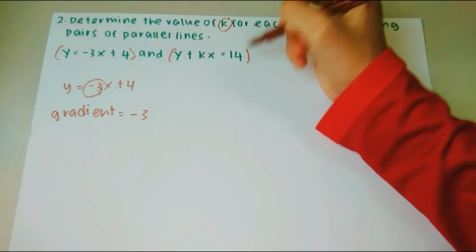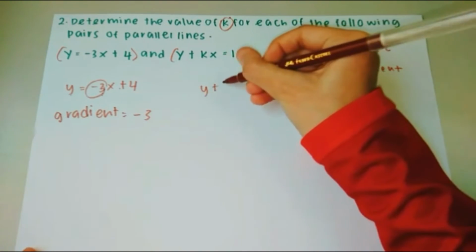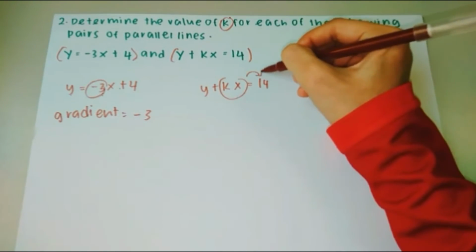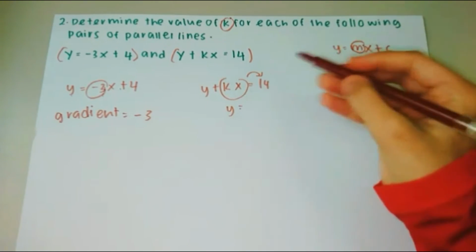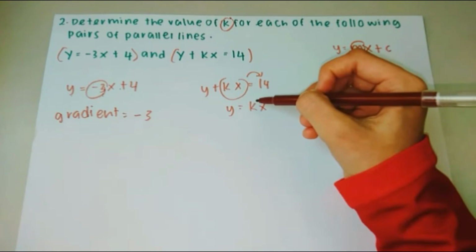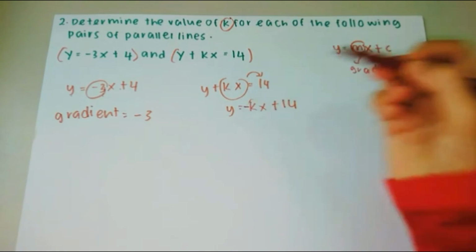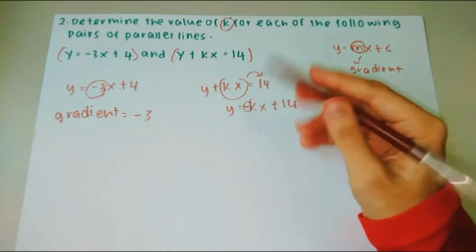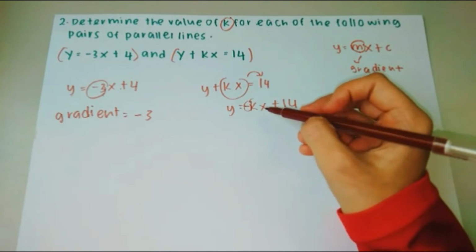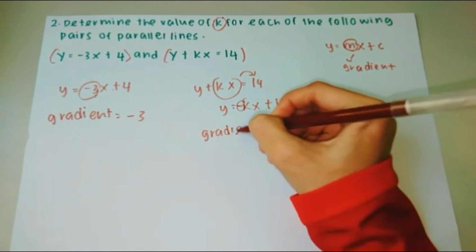Next, we move to the next equation. y plus kx equal to 14. First, we have to move the kx to the back. So, it will be y equal to negative kx plus 14. So, the gradient for this equation is negative k.